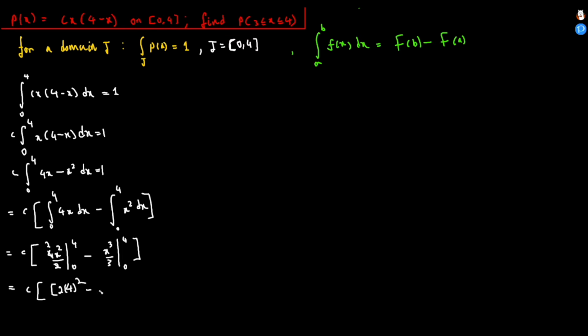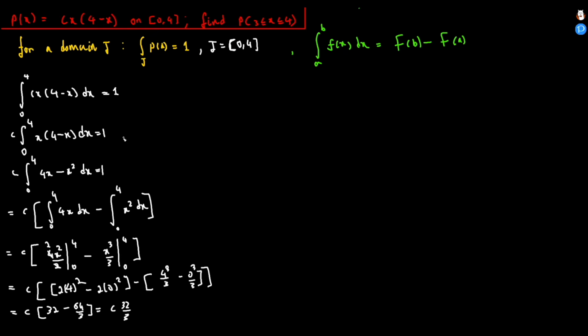c times 2 times 4 squared minus 2 times 0 squared minus 4 cubed over 3 minus 0 cubed over 3. Okay, and that gives us c times 32 minus 64 over 3, and that's c times 32 over 3.